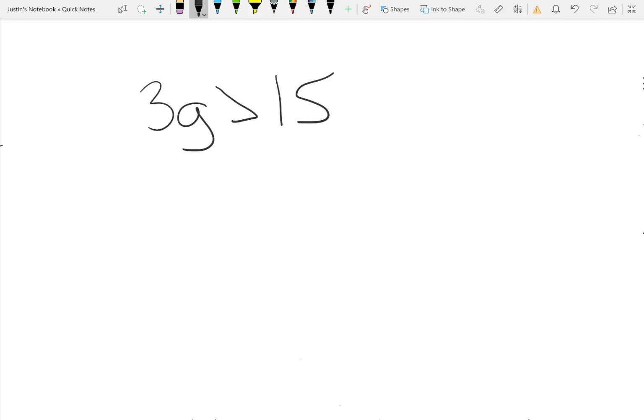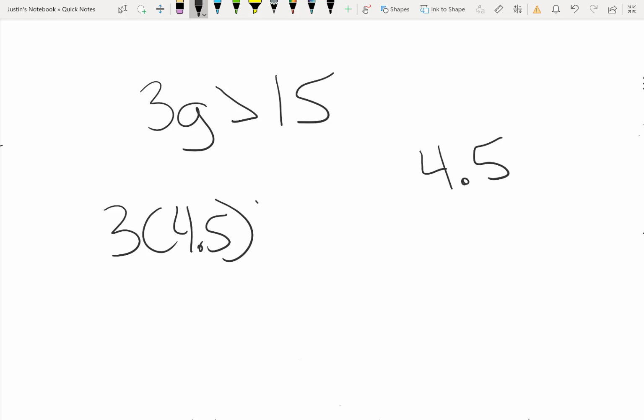So 4.5 is 4.5 or 4.50, but if we're going to multiply this, we're just going to say 4.5 because it's the same thing. All right, so now I'm going to say 3 times 4.5 is greater than 15.